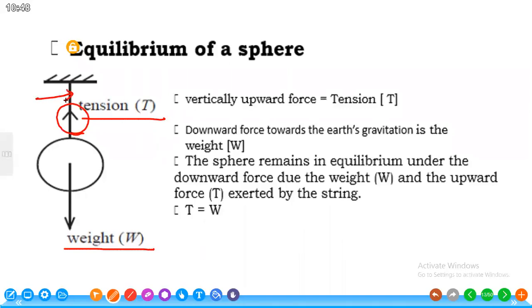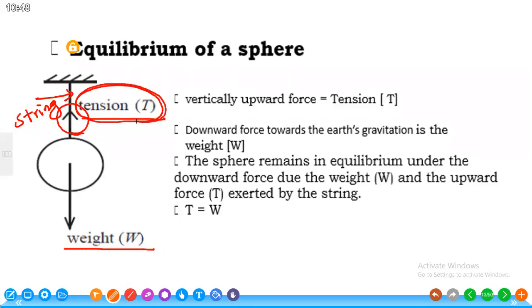When an object is suspended by a string, we use a term to express the force acting on the string.